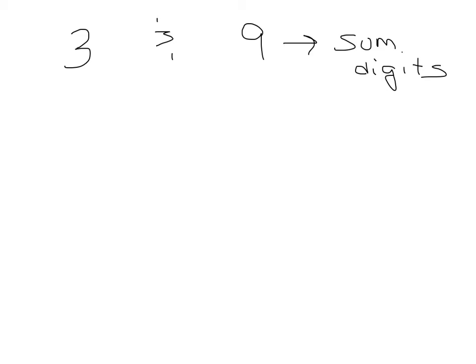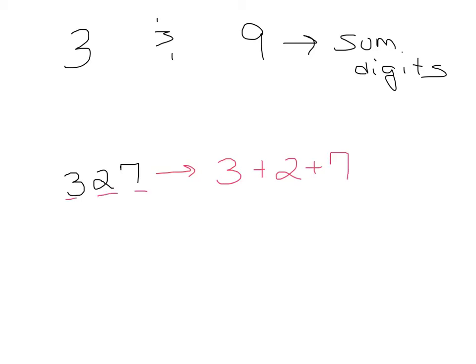The 3s and the 9s are going to be a little more challenging because it's dealing with the sum of the digits. What this means is if I give you a number, 327, and I want to check if it's divisible by 3 or by 9, I'm going to take the 3, the 2, and the 7, and add each of the digits together.